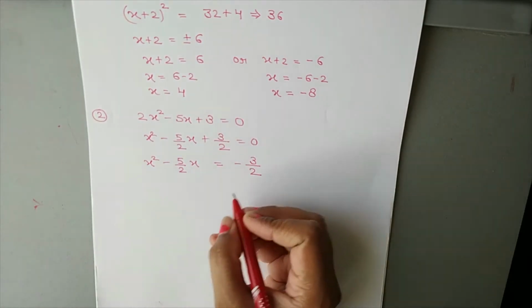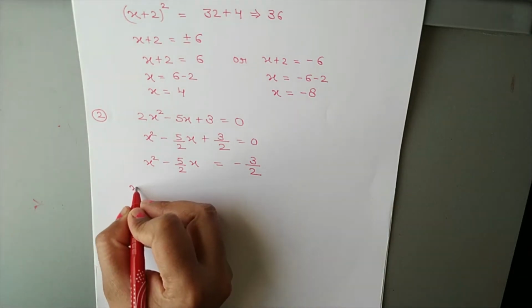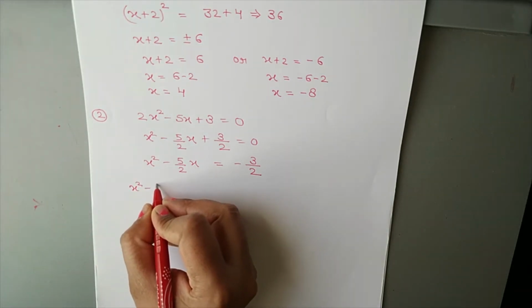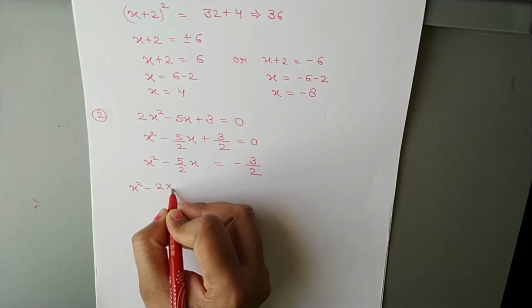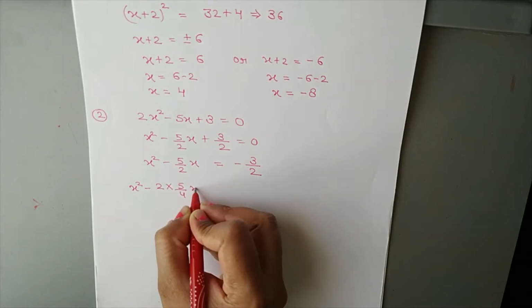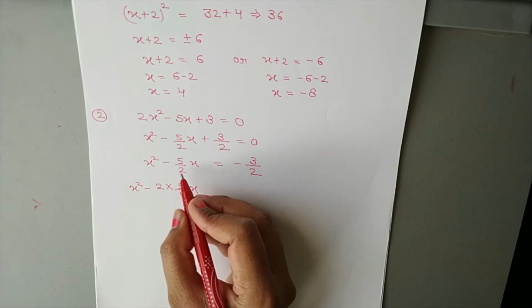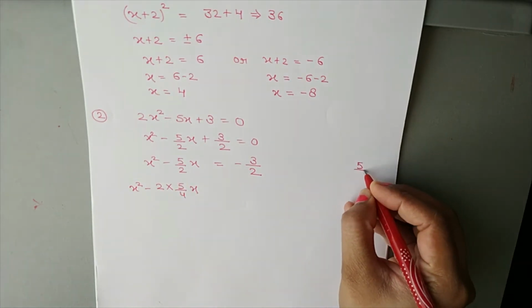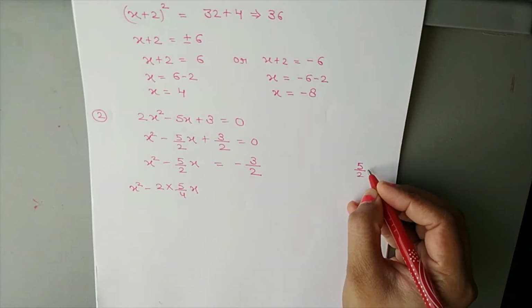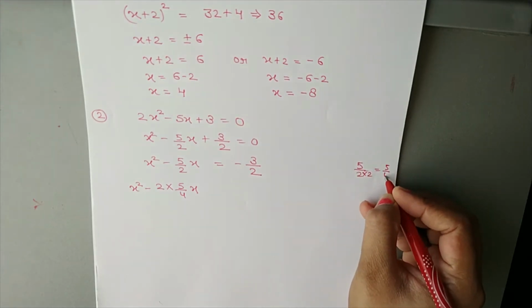Now it can be written as 2 into 5 upon 4 x. So 5 by 2 divided by 2 will be 5 upon 4.